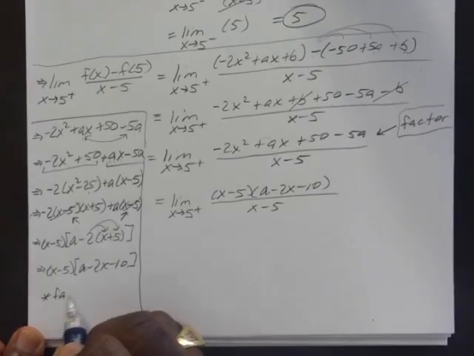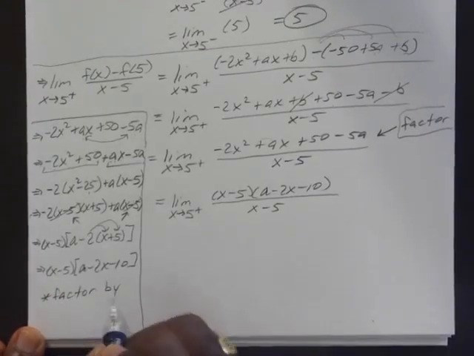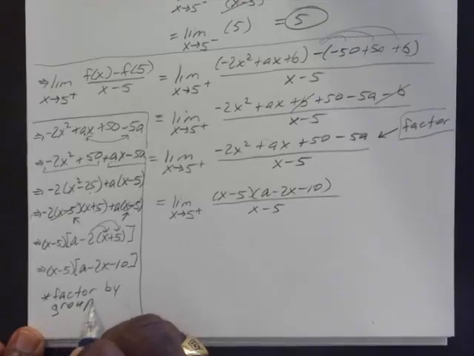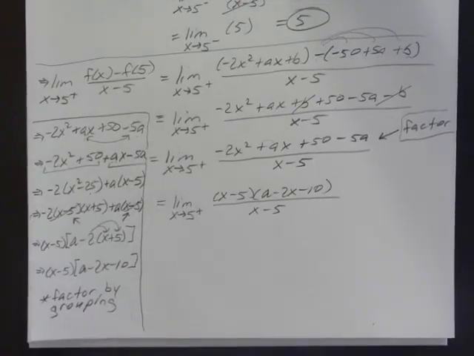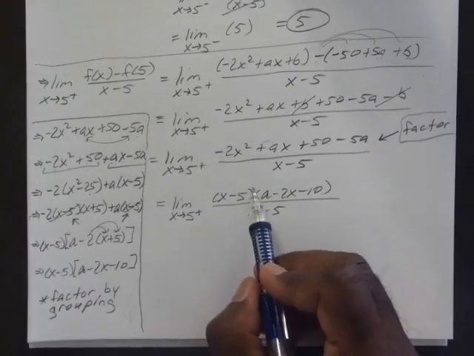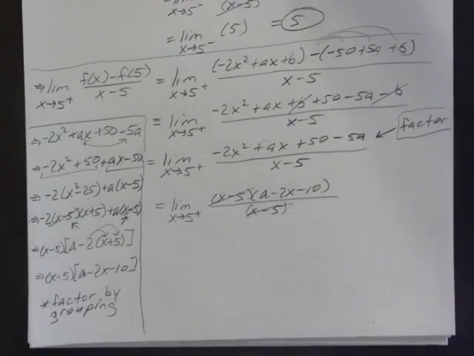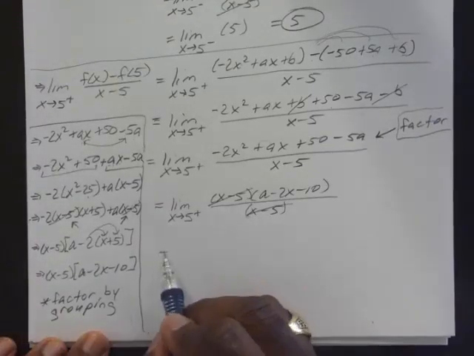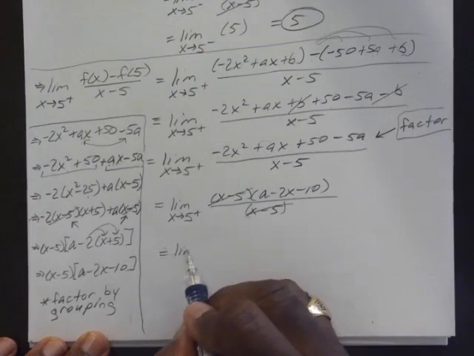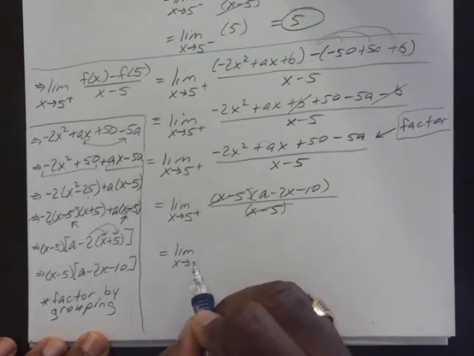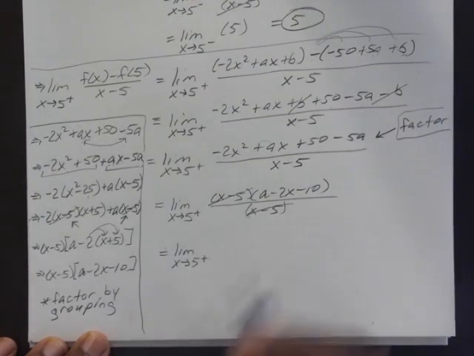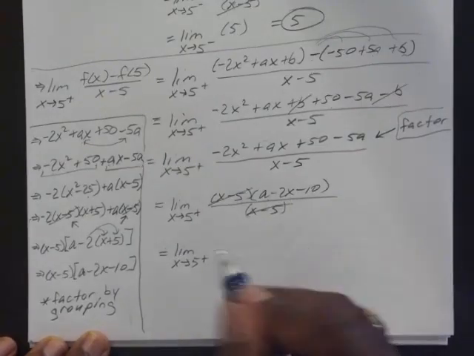And again, this is just factor by grouping. You can see that the x minus 5 factors cancel each other out. So we have the limit as x approaches 5 from the right of a minus 2x minus 10.